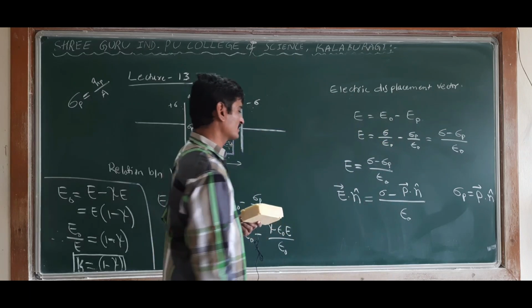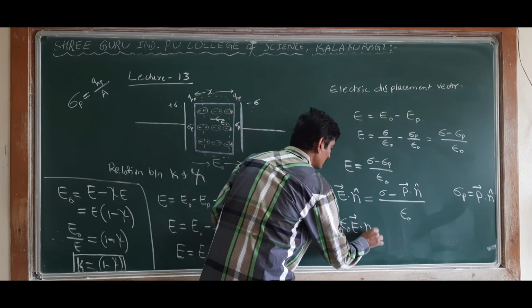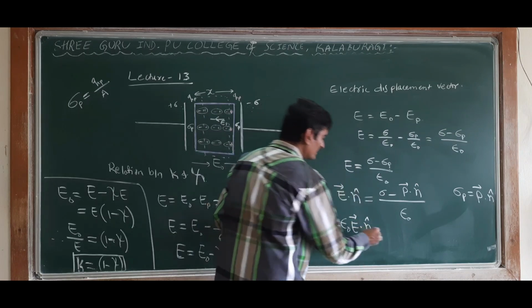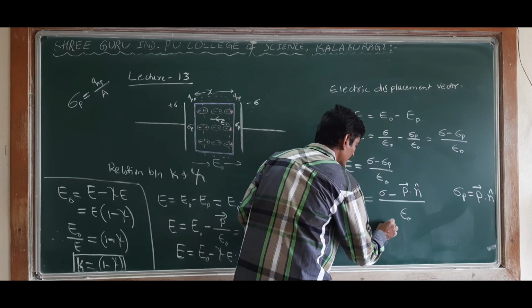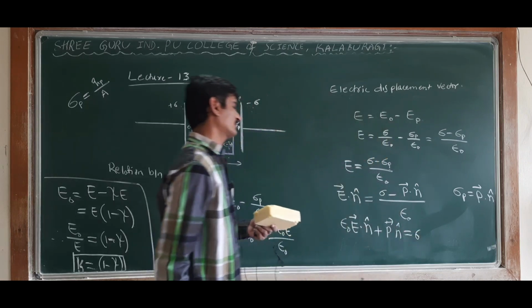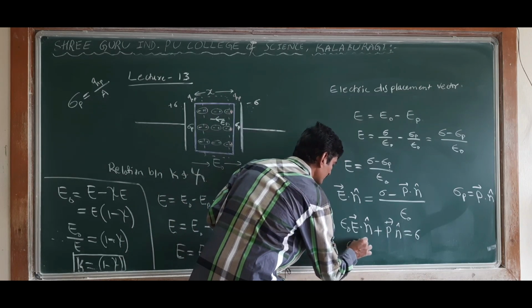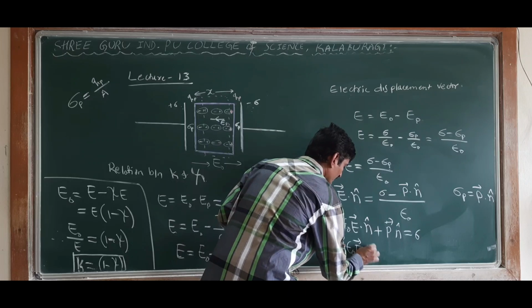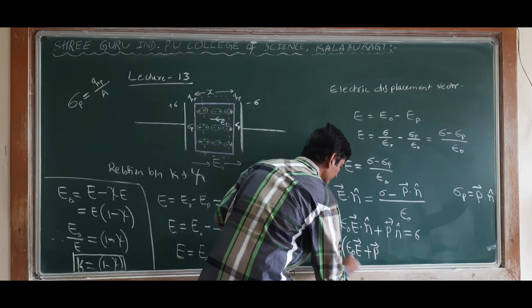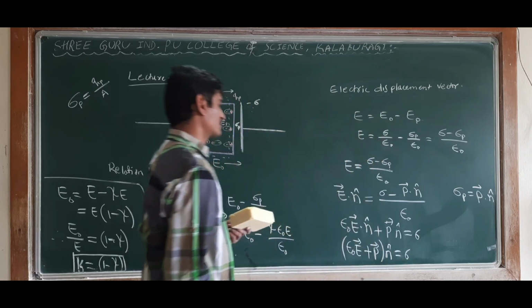Taking this to the other side, epsilon naught vector E dot n cap plus vector P dot n cap is equal to sigma. So you can write epsilon naught vector E plus vector P, dotted with n cap, is equal to sigma.